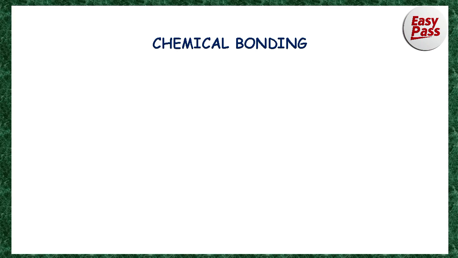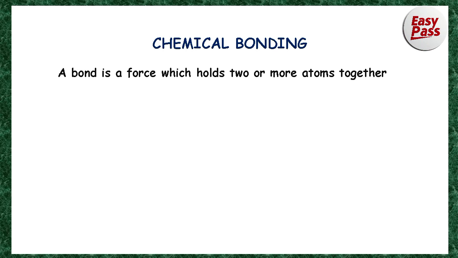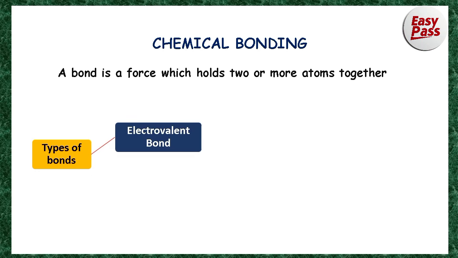Thank you. Chemical bonding. A bond is a force that holds two or more atoms together. We have different types of bond. We have the electrovalent bond and the covalent bond.